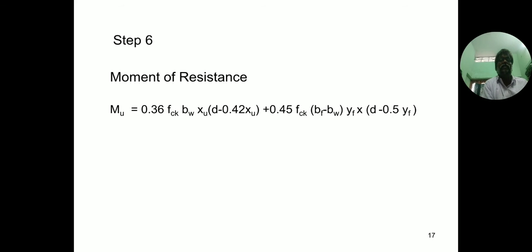Moment of resistance: 0.36 FCK BW XU (d minus 0.42 XU) plus 0.45 FCK (BF minus BW) into YF into (small d minus 0.5 times YF). Note down this.